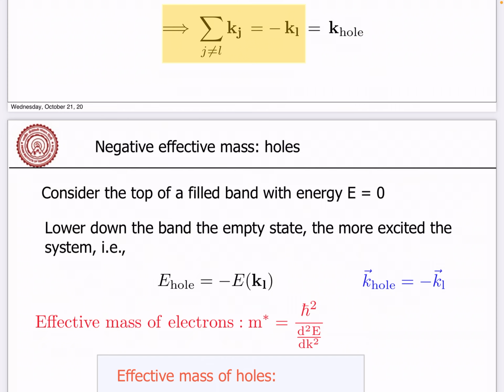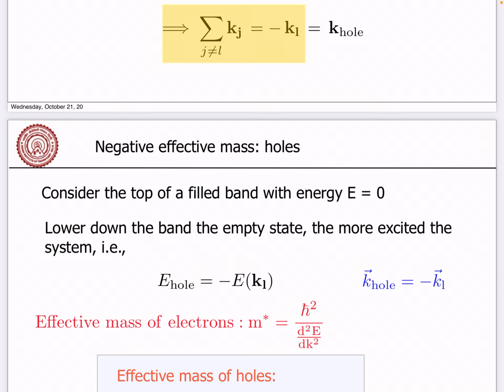Okay, and then we have also defined k hole as minus kl, right? So that means we have a filled band. We have removed an electron, the lth electron. Due to this lth electron, there is a vacancy at that particular state. Because of the removal of this electron, the removed electron has wave vector kl, and the hole has wave vector minus kl, which we say is k hole, the wave vector of the hole.